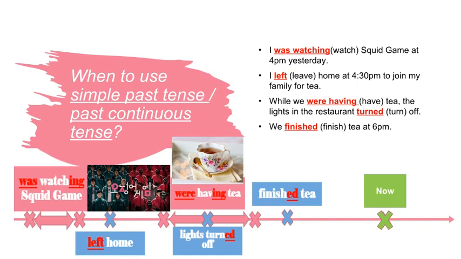While we were having tea, the lights in the restaurant turned off. Having is a past longer action that was already in progress. Turned is a shorter action that happened in the middle of a longer action. Sentence 4. We finished tea at 6 p.m. Here, finish is a completed action in the past.